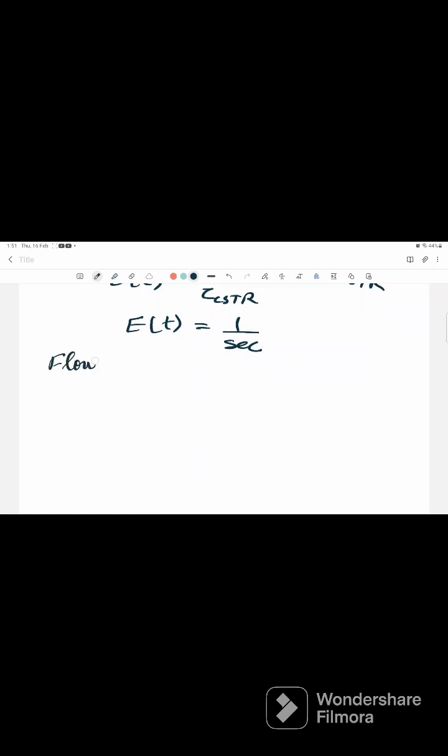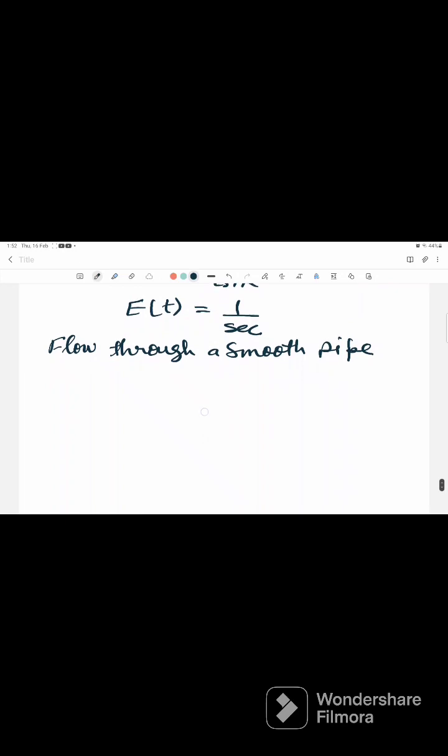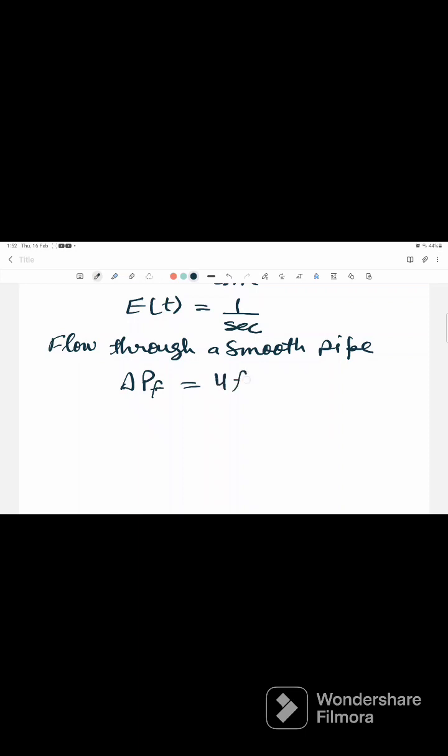Flow through a smooth pipe is defined as delta PF is equal to 4 f rho L V square by 2 D g.